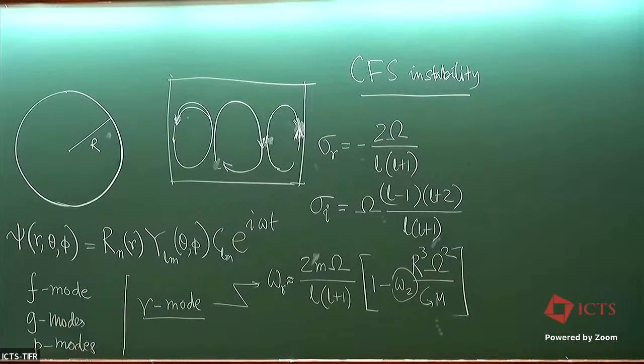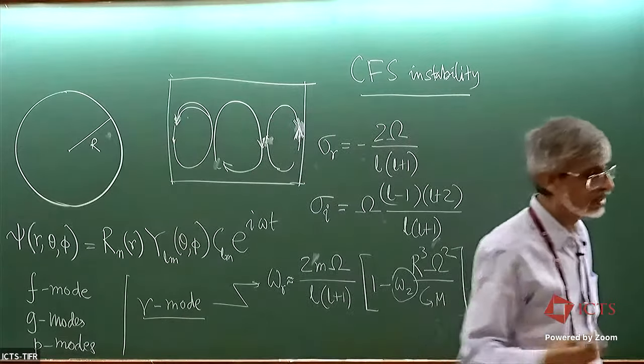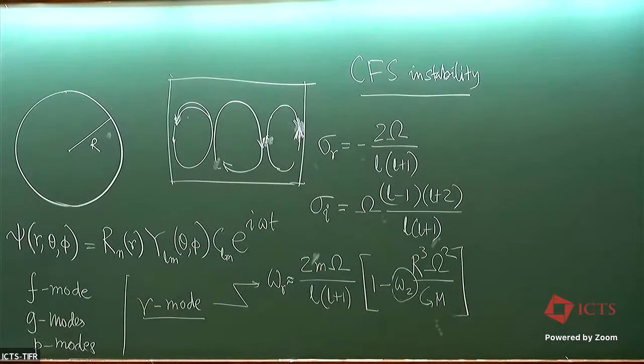And these gravitational waves are going to take away angular momentum, right? So if the gravitational wave is taking away angular momentum, then it's trying to slow down the motion of this pattern.